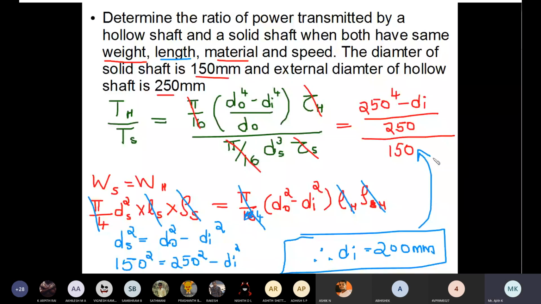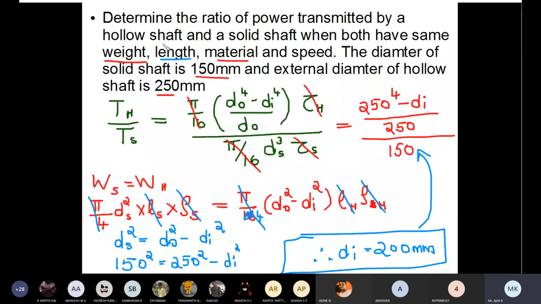So by substituting di in the above equation, th by ts is equal to, what is the equation? 250 to the power 4 minus di, which is 200 to the power 4, divided by d naught, which is 250, the entire term divided by ds to the power 3, which is 150 to the power 3.